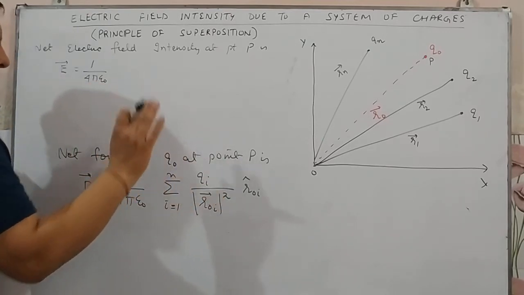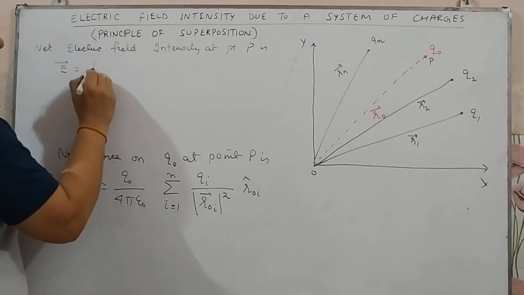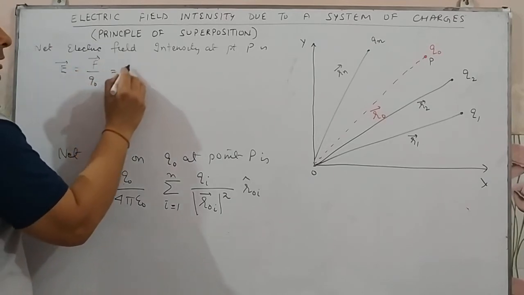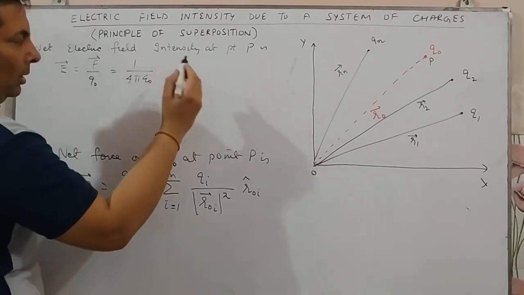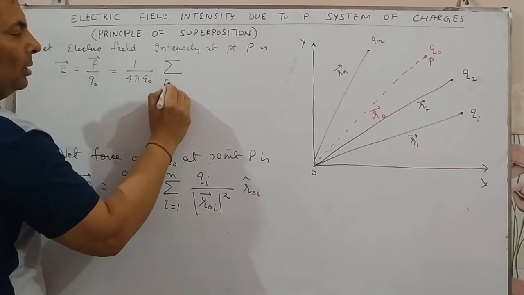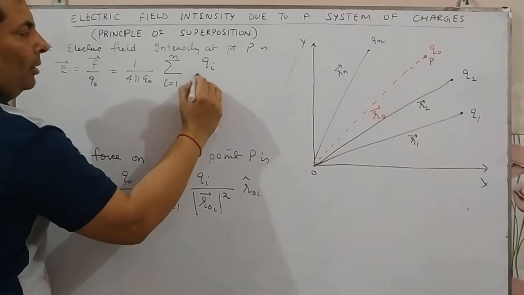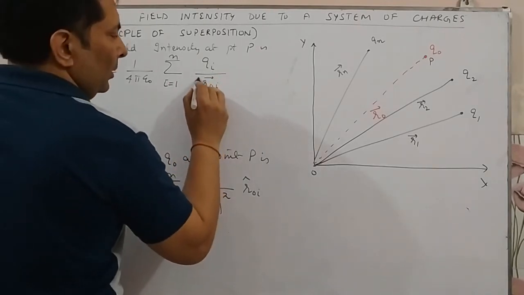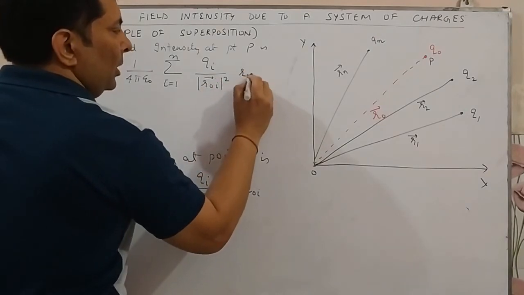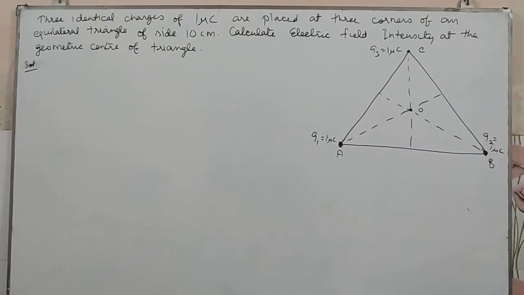Q naught will be cancelled. Obviously, the result is only 1 upon 4 pi epsilon naught. We can write it as F upon Q naught, that is 1 upon 4 pi epsilon naught, summation i equal to 1 to i equal to n, Q i upon mod R O i square, R O i divided. You can elaborate it as you feel the need.